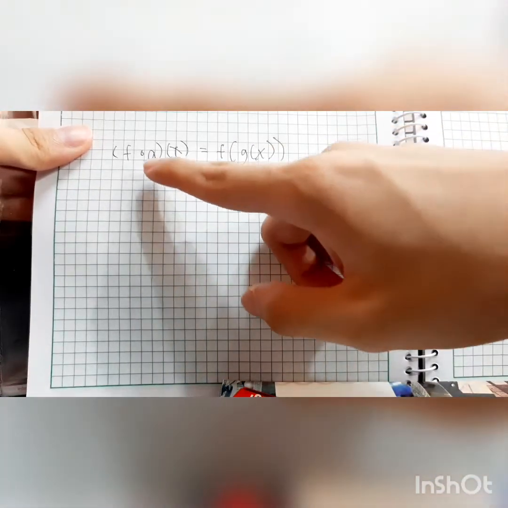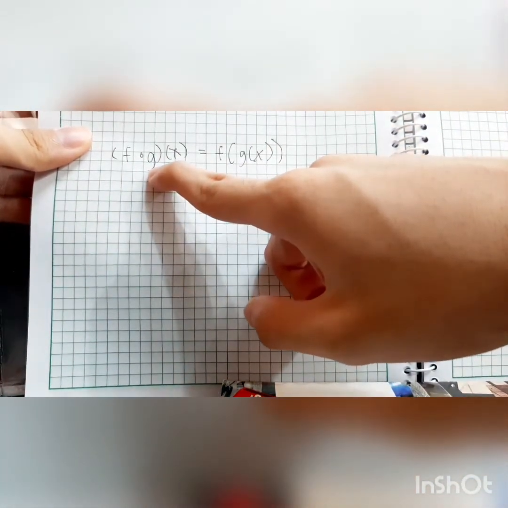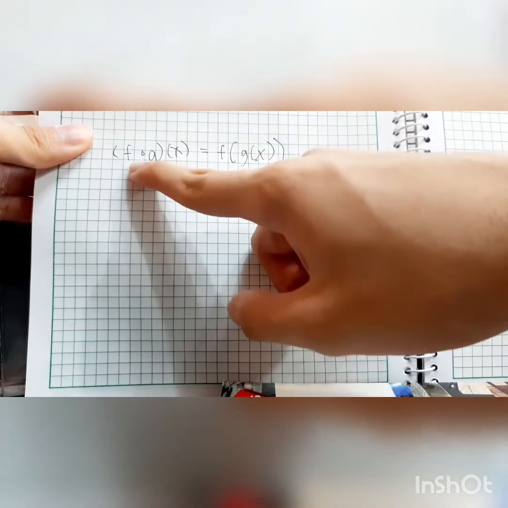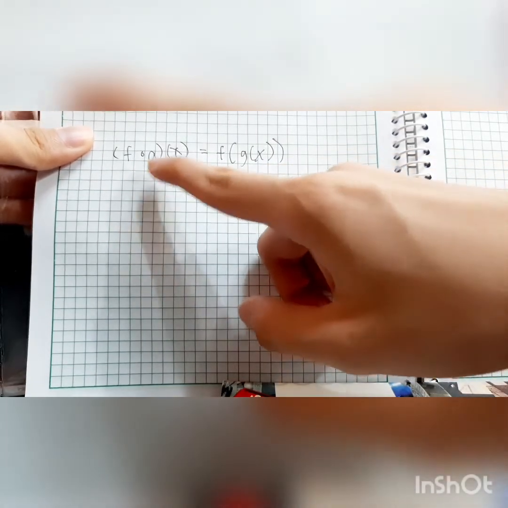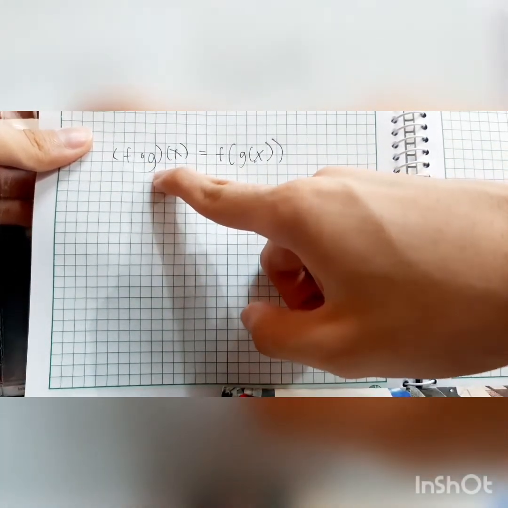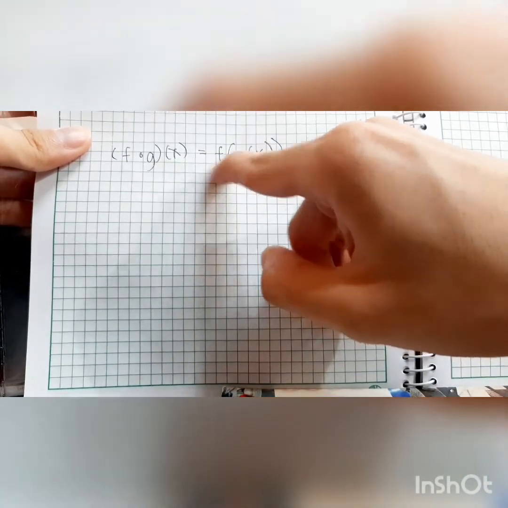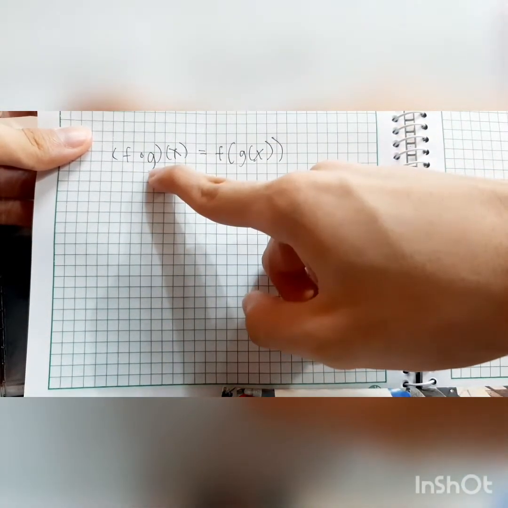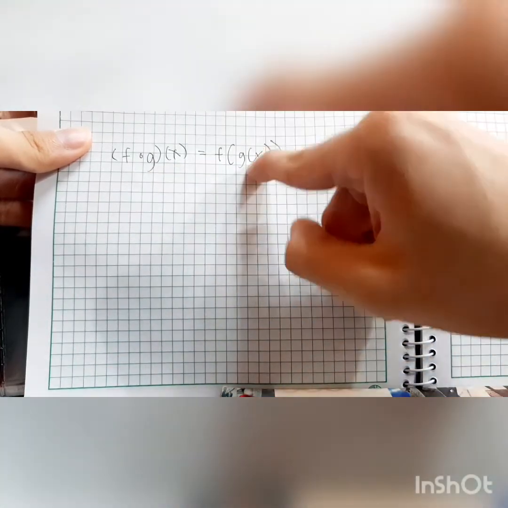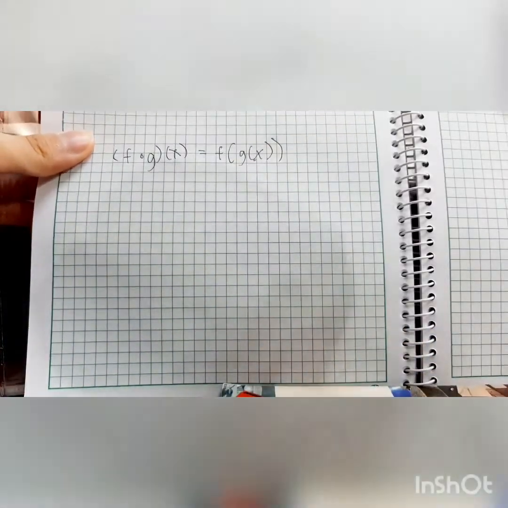We are plugging in g inside f. Again, we are plugging in g, or we are placing g inside the parenthesis of f. It's called f composed of g. That means g is inside f. Okay? Now, I'll give an example.